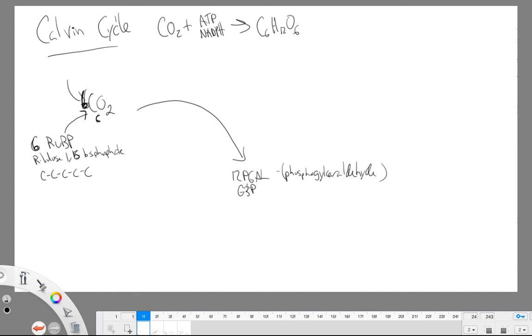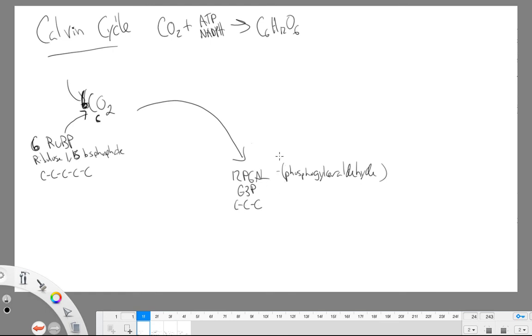But two names for the same thing, PGAL. Now, there are actually some intermediary compounds that get formed in between, but we're not going to talk about them yet. We will bring up one in a later lecture. But for right now, what I want you to know is that at the start of this Calvin cycle, we have 6 carbon dioxides and they react with 6 RuBP to create 12 PGALs. And these PGALs are 3 carbon molecules, right?